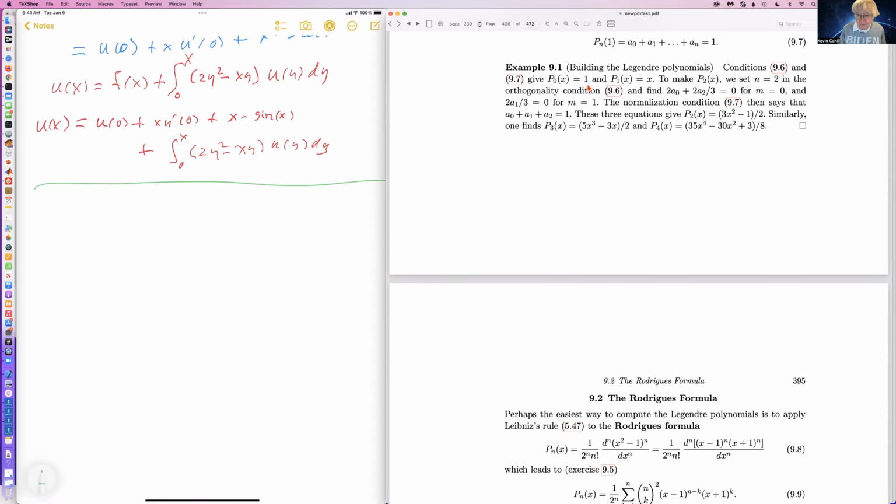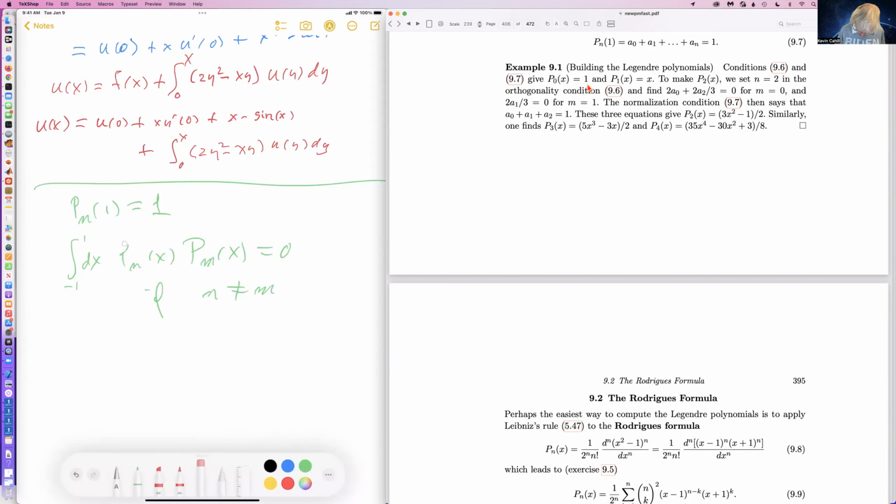So we have the conditions Pn of 1 is equal to 1, and the integral from -1 to 1 dx of Pn of x, Pm of x is 0 if n is not equal to m. So these are the two conditions here. Let me try to write that a little bit better.